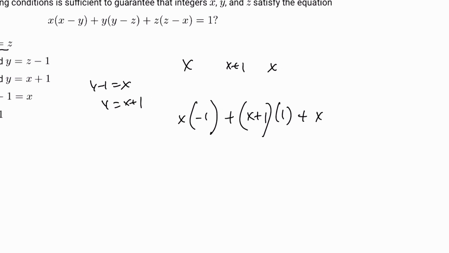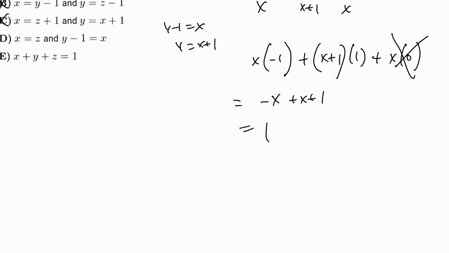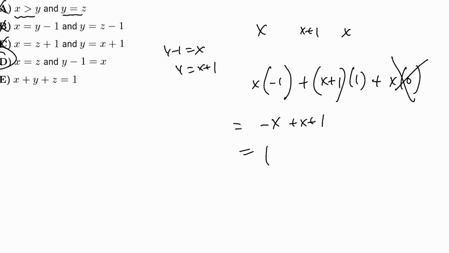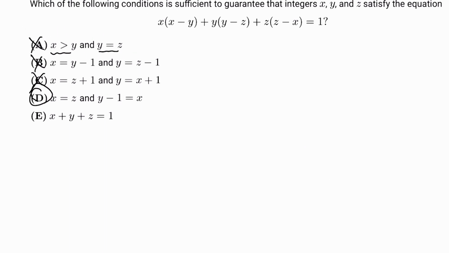Z is just x, so z minus x gives us 0, and that term completely cancels out. You get negative x plus 1, which gives us 1. So D indeed guarantees that the equation is true. You can just choose D during the actual AMC, but just making sure, we'll try out E.